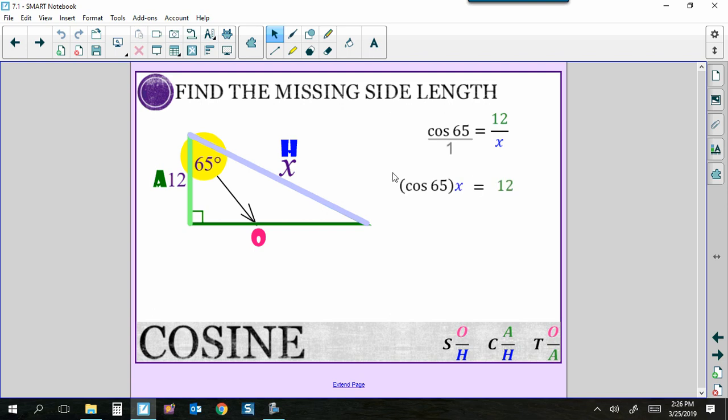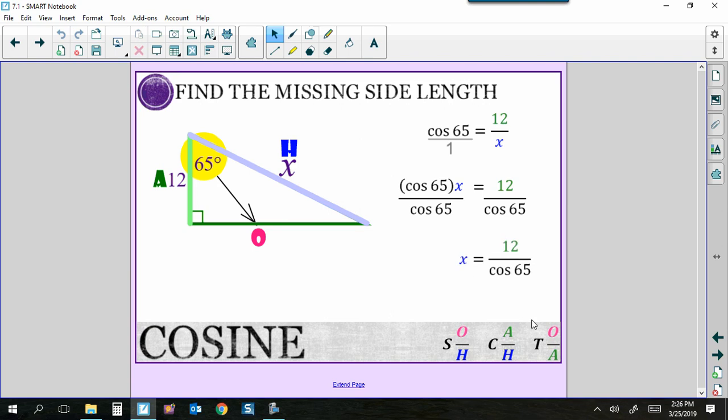If you were to solve an equation that was just 65x equals 12, you would just divide the 65 out. Well, this is no different. You just have to remember that cosine is attached to that 65. Because the cosine of 65 is being multiplied to x, we're now going to simply divide it out. The cosine of 65 will cancel out on the left side, leaving you with 12 over cosine of 65 on the right side.